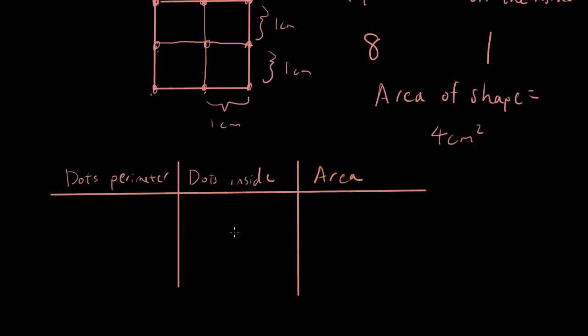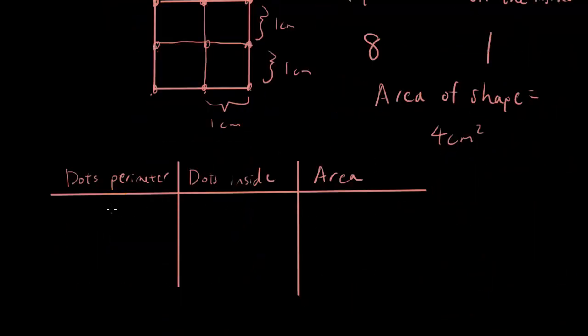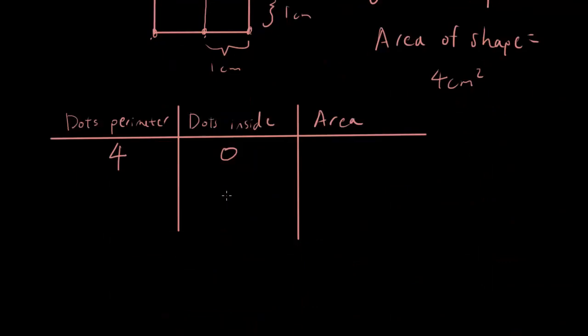Looking at the 3 shapes that I've drawn, the first shape has 4 dots on the perimeter, 0 dots on the inside, and the area is 1 centimeter squared. Then I have 6 dots, 0 on the inside, and the area is 2. I got 8 dots, 1 on the inside, and the area is 4.